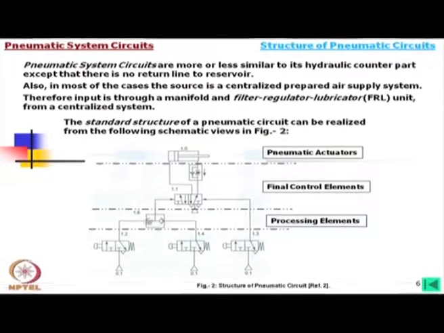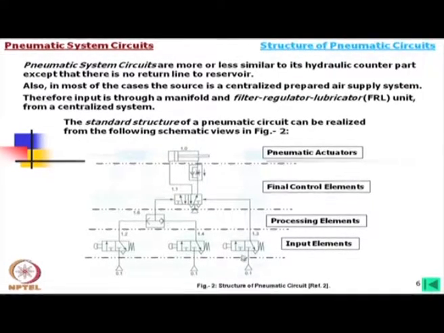What is processing? Here only a shuttle valve is shown as a processing element, but it may not be a shuttle valve, it may be a regulator, pressure reducing valve, pressure control valve, or a flow control valve, etc. Any special control required for such operation will come here, and processing elements may have general control valves, and these are input elements.